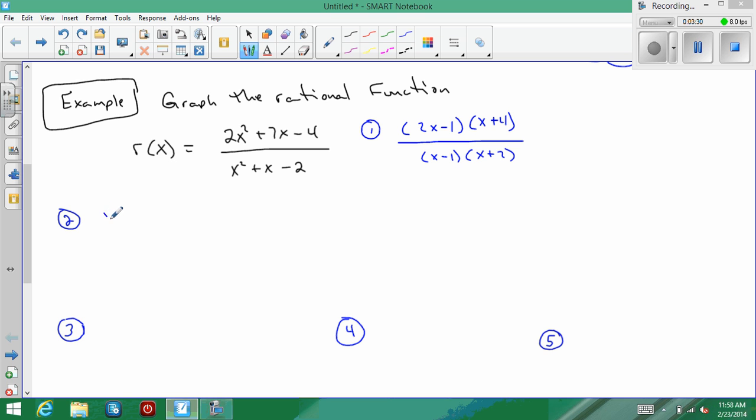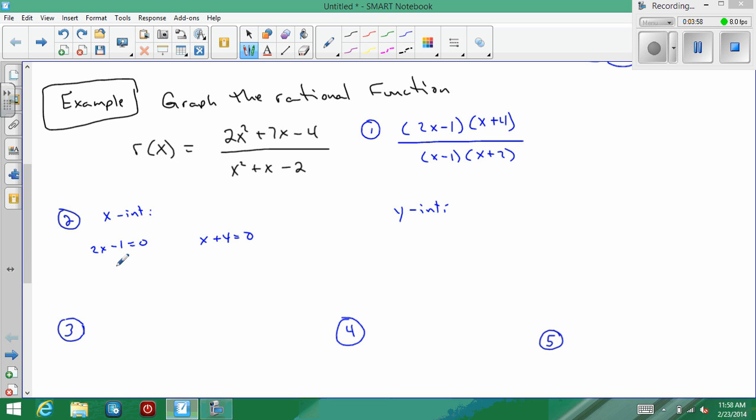Second step, we are going to find the x-intercepts and the y-intercepts. The x-intercepts, if you remember, come from setting this whole rational function equal to 0, which means the numerator is going to be 0. Since we have 2 factors in the numerator, we will set each factor equal to 0 and then solve.